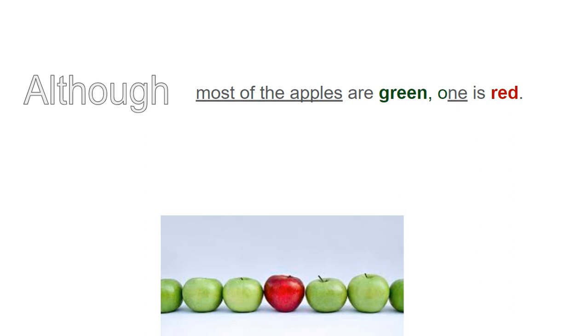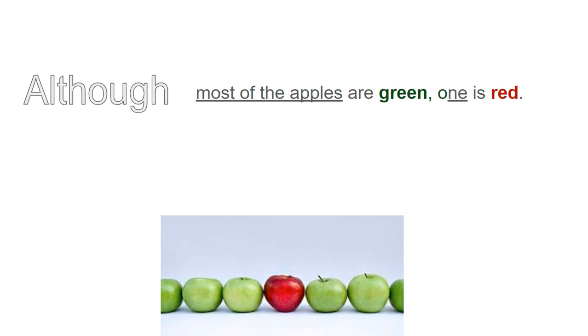All right. The other word we can use is very similar, although. Same meaning, exactly the same. Just a choice. Even though, although. You choose. Although most of the apples are green, one is red. So again, that comma separates the two clauses, although joins the ideas together and tells us, pay attention, something is different.